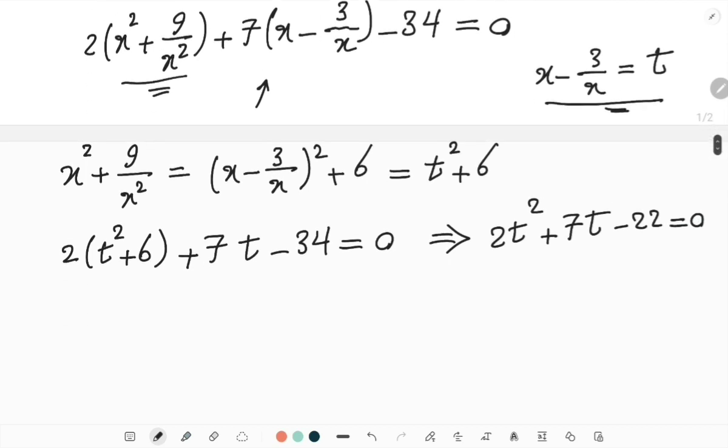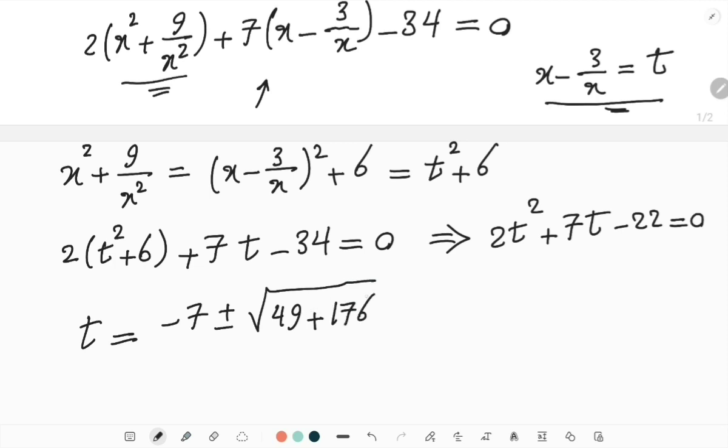So solving this equation gives me minus 7 plus minus the square root of 49 plus 8 times 22, which is basically 176, if I'm not wrong, divided by 4.